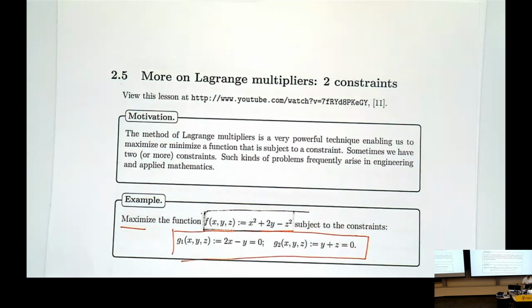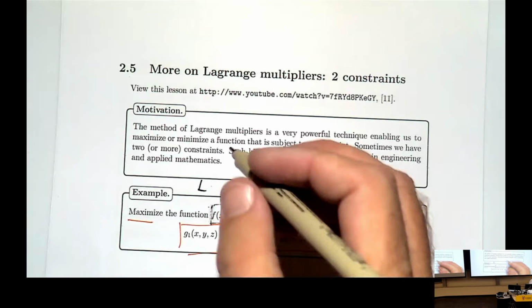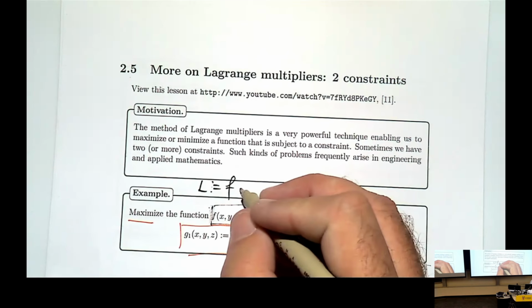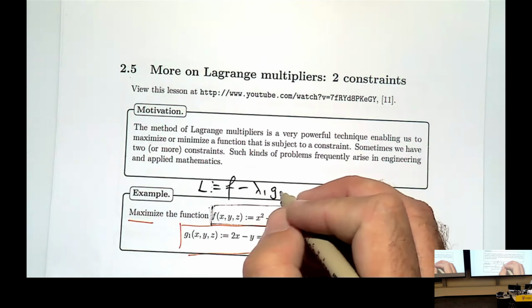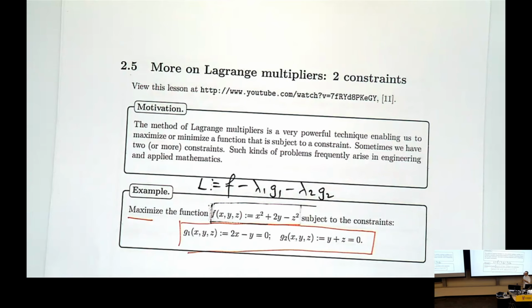All right, same sort of thing as before. I'm going to introduce the Lagrangian. But my Lagrangian's a little bit different this time. Here, I've got two constraints and two lambdas.